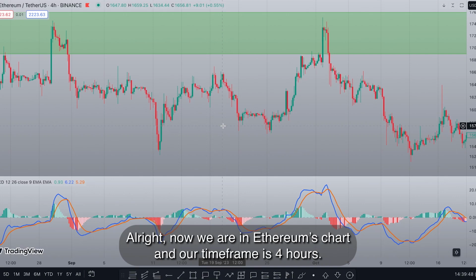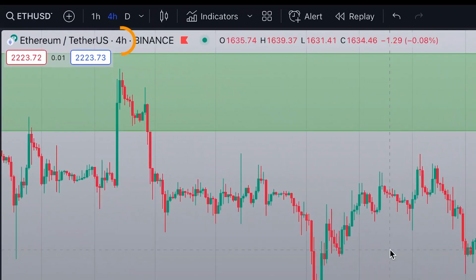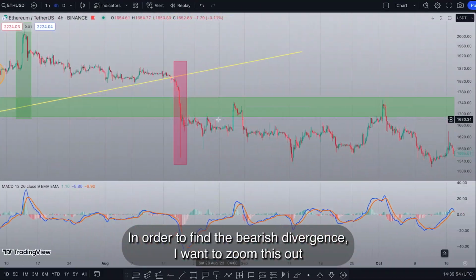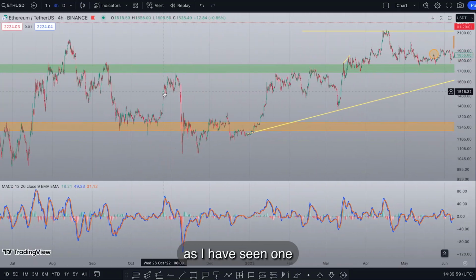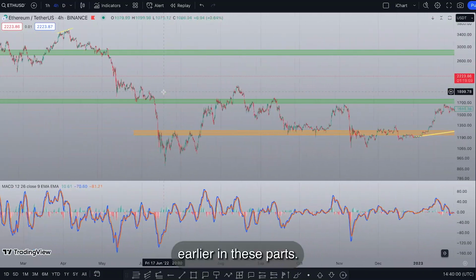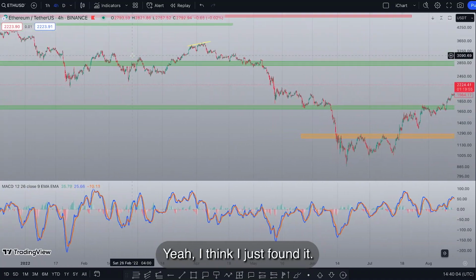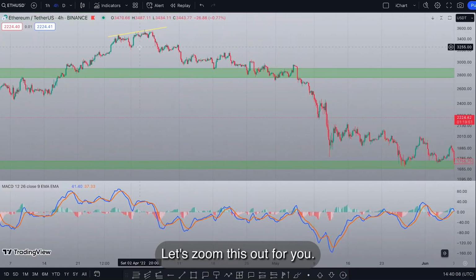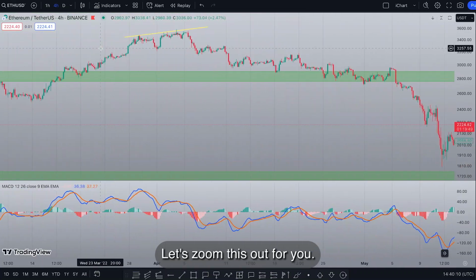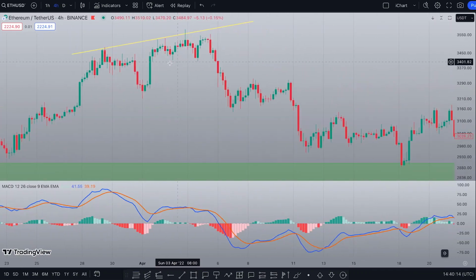Alright, now we are in Ethereum's chart and our time frame is 4 hours. In order to find the bearish divergence, I want to zoom this out as I have seen one earlier in these parts. Yeah, I think I just found it. Here you go. Let's zoom this out for you. Perfect.